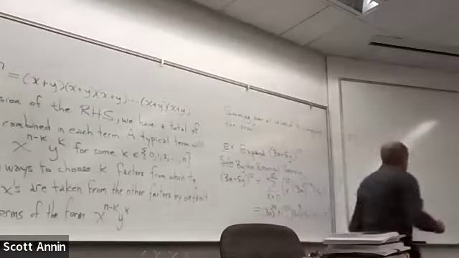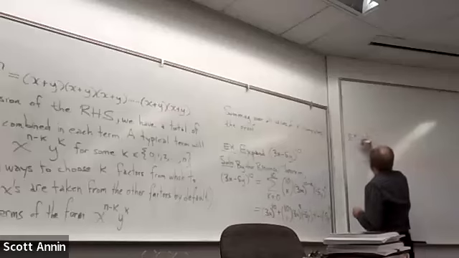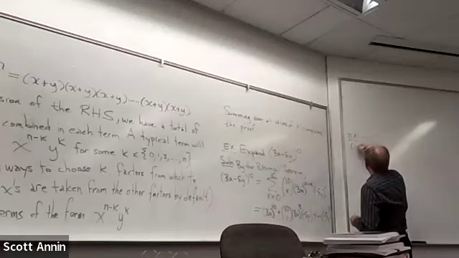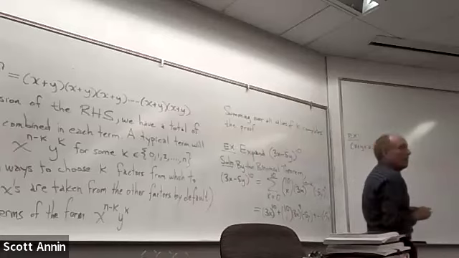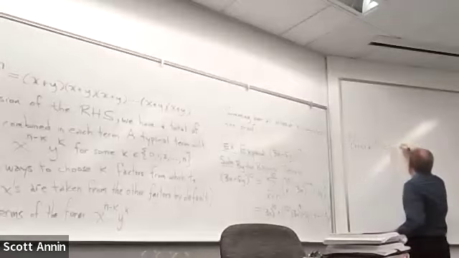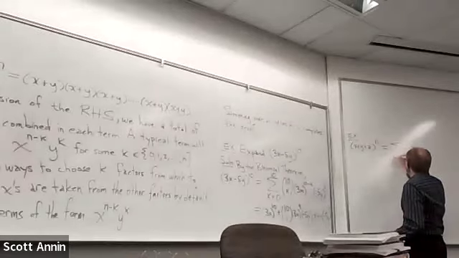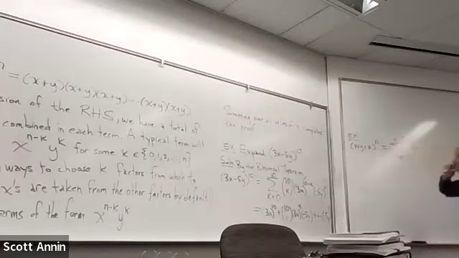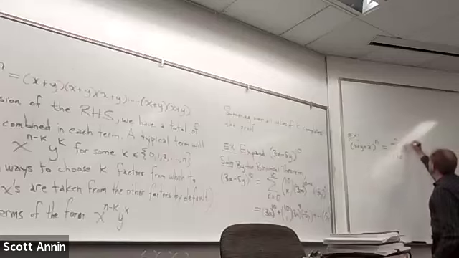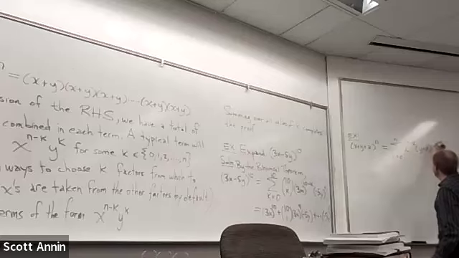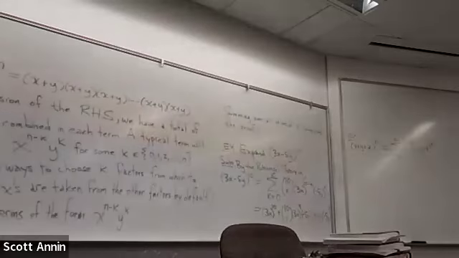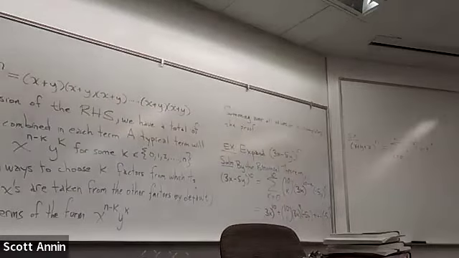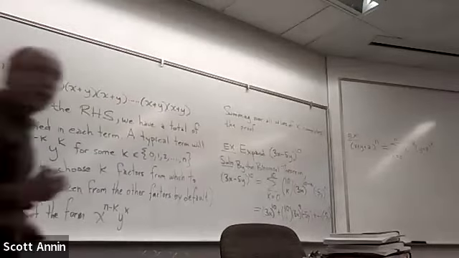We could write x plus y plus z to the n by thinking of it as the summation as k goes from 0 to n of x to the n minus k times the quantity y plus z raised to the k. So I can treat the y plus z, everywhere I see a y, as y plus z being raised to the k.